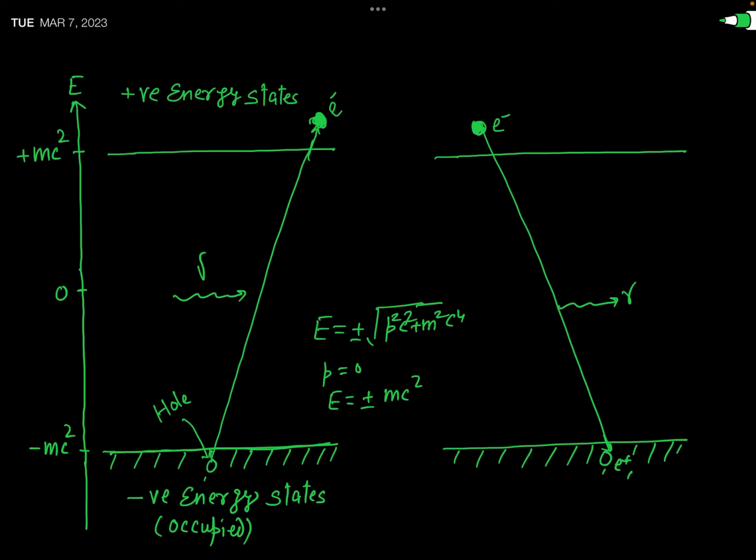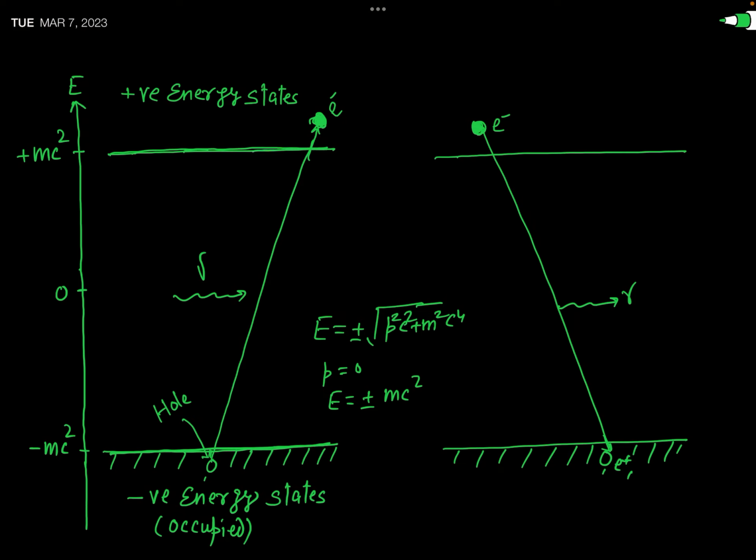So this line actually represents the state of electron having energy minus mc square, and this plus mc square actually represents the lowest energy of the positive energy state.